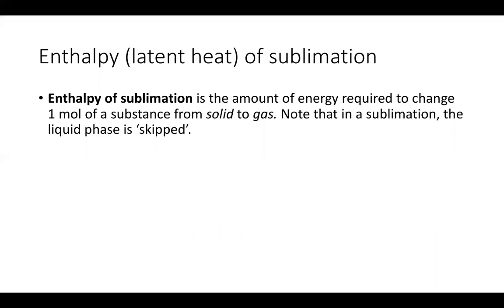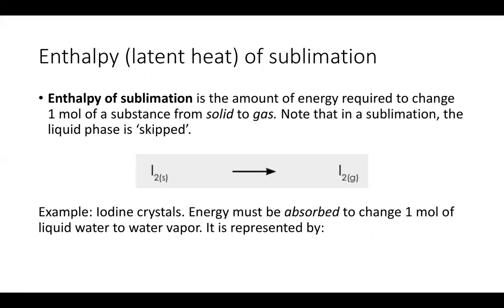And finally, we have enthalpy of sublimation, referring to the amount of energy required to change a mole of a substance from a solid to a gas. So in sublimation, we have a process where the liquid phase is skipped. We're going straight from the solid to a gas. An example of this is iodine crystals.